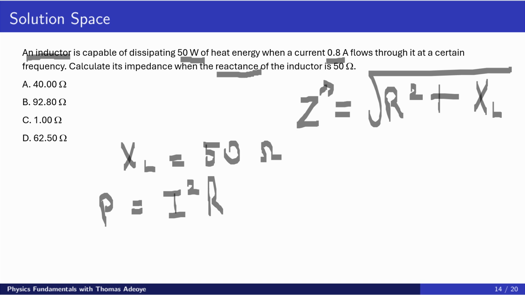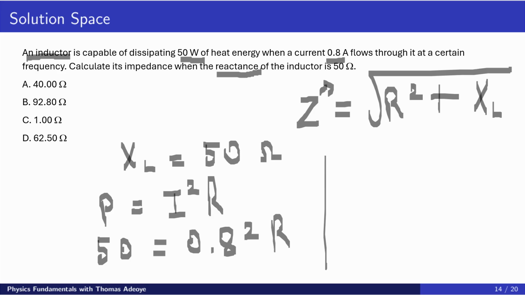Now the power dissipated is 50. They give us the current to be 0.8, squared, and if you do the math, you discover the resistance will be 78.125 ohms.